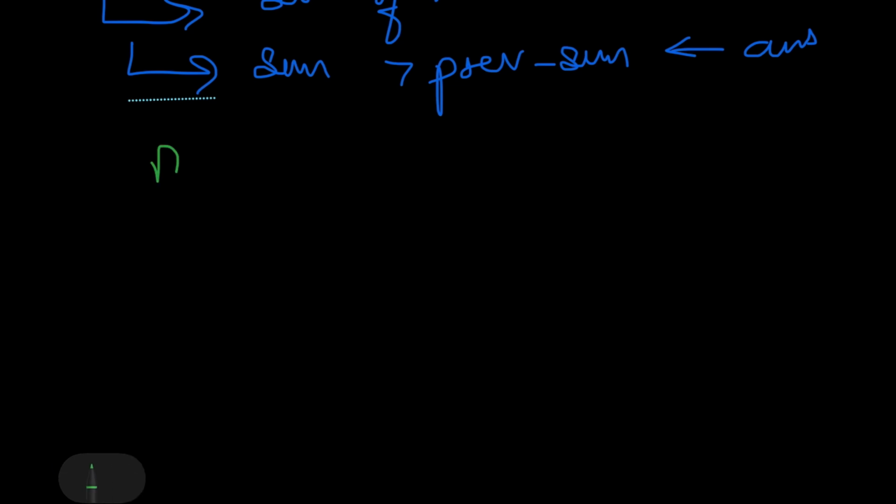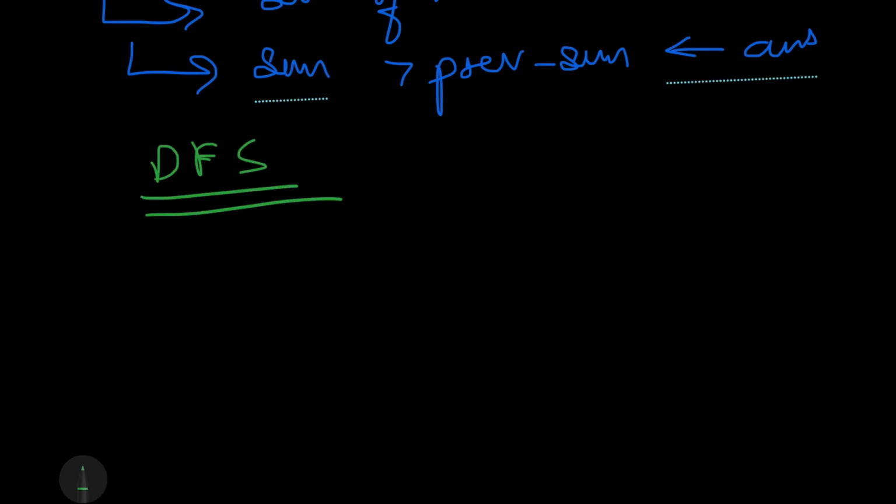Now let's see how we'll solve this problem using DFS. We'll solve it using DFS with a map data structure, in which we'll dive deep into the nodes and store each value. Suppose we'll use a DFS method.